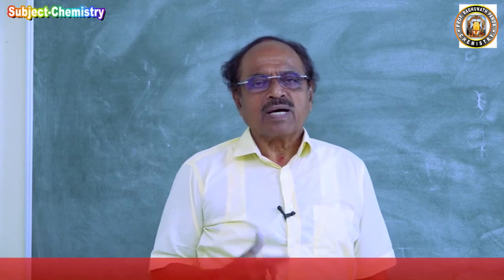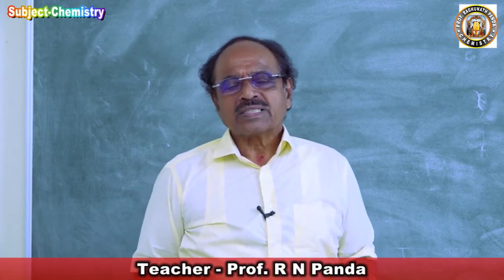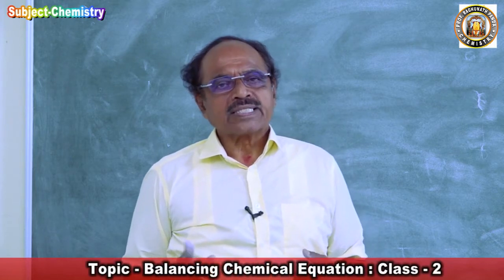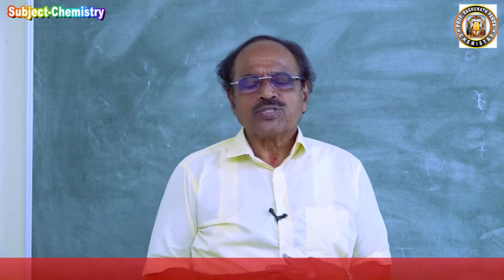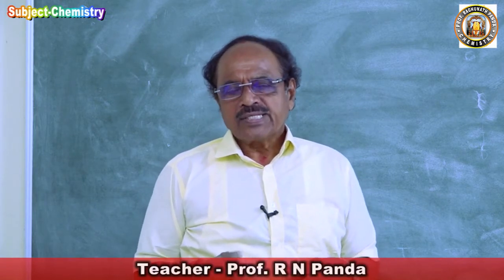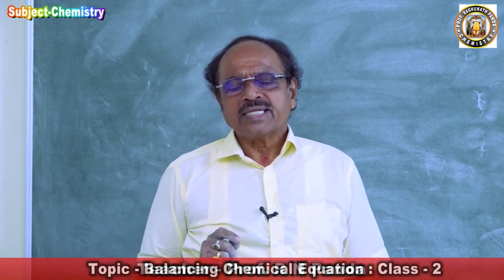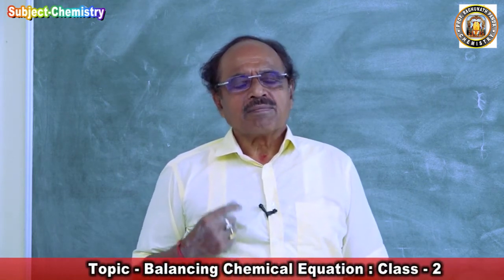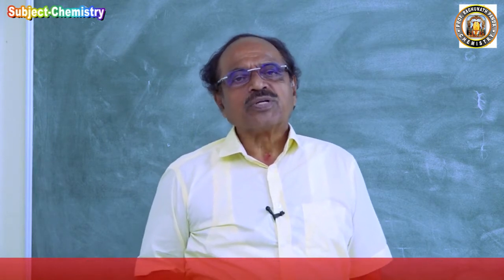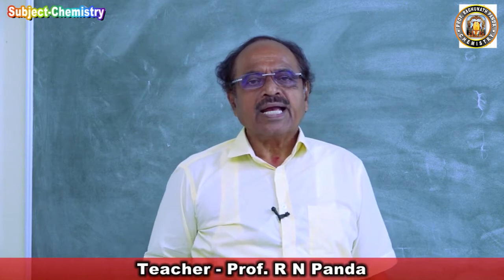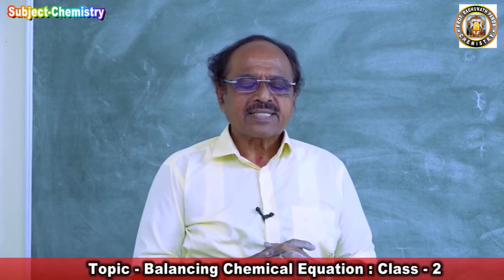In place of the arrow mark I can also write an equal sign: N2 plus 3H2 equals 2NH3. To put it in a better form, I write N2(g) for gas, 3H2(g), and 2NH3(g), ammonia gas. So this is the balanced chemical equation for the preparation of ammonia from nitrogen and hydrogen. This is how to write a balanced chemical equation.